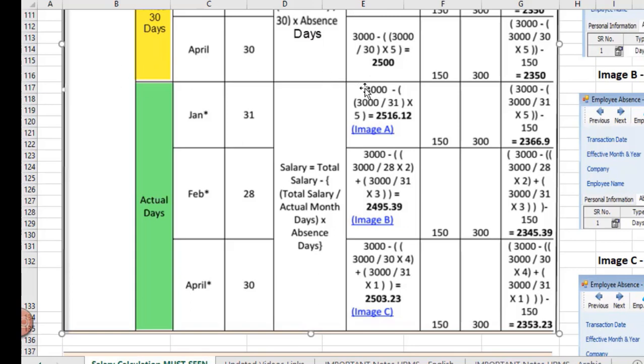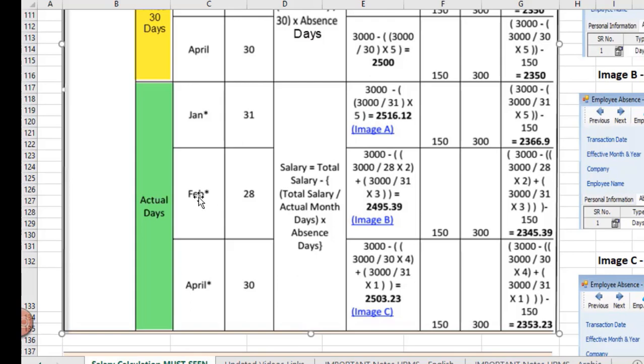So here in the first scenario, which is for January, there are 3,000 for the total salary, minus, between parentheses, 3,000 again, divided by 31. This is reading from here, and multiplied by 5. So for January, it did not affect a lot because it's basically the same as the one above it. The only difference is that this is 30 and this is 31.